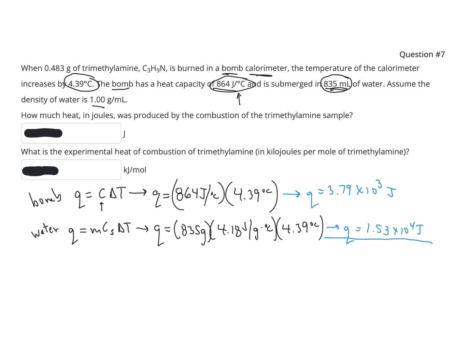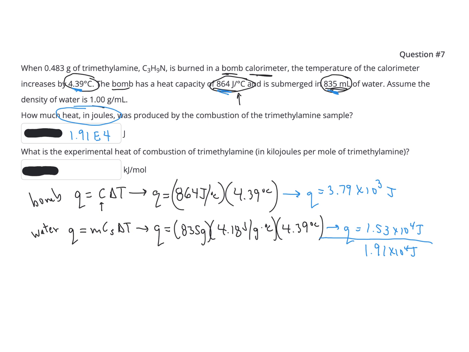So we can add those together, what the bomb absorbs and what the water of the calorimeter absorbs, to see the whole reaction is going to release about 1.91 times 10 to the 4 joules. So that's how much heat was produced by this combustion. I would go with 3 significant figures because everything here looks like it would be 3 significant figures: temperature, heat capacity, and the volume and mass of the water.